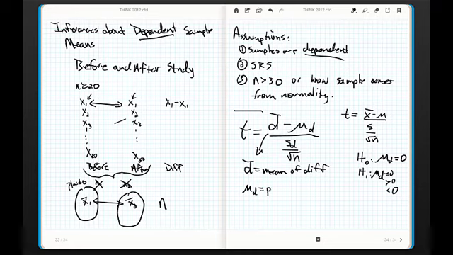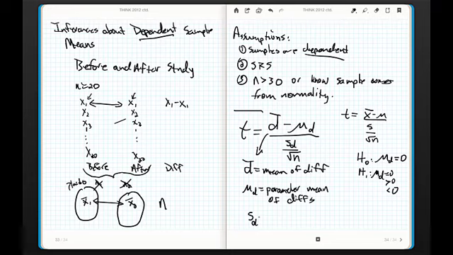So this is the parameter mean of the differences, and it's often 0.